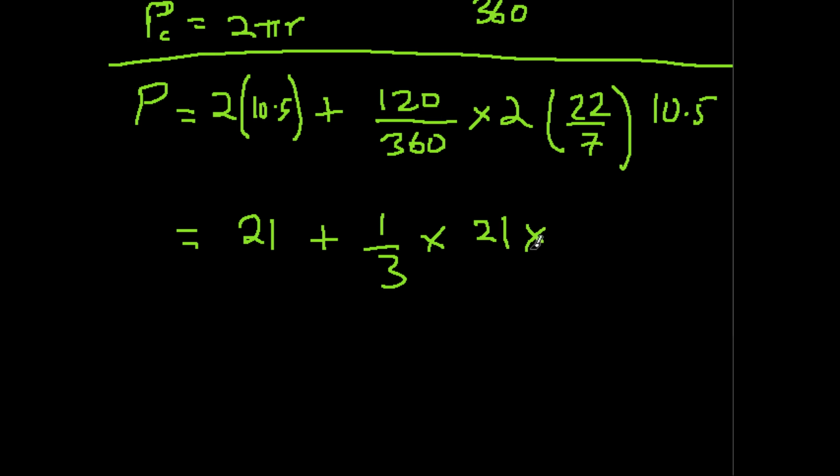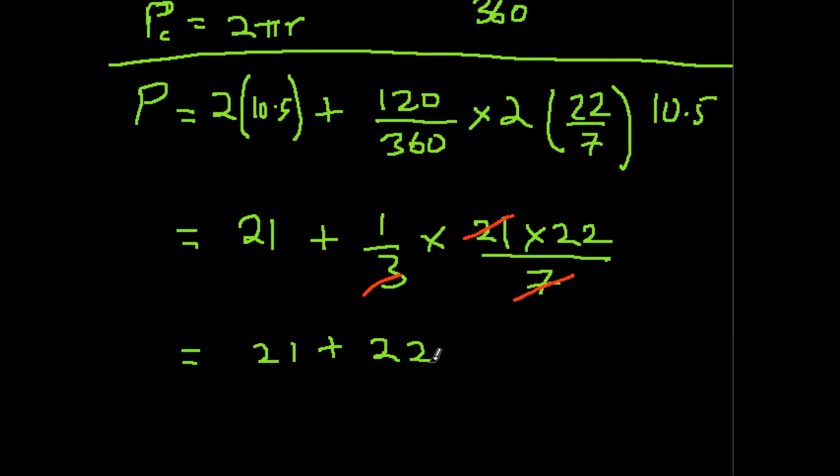Multiply by 22 divided by 7. And so by doing it this way, it makes it a little bit easier. I know that 21 is equal to 3 times 7, so I can use that to cross these out. And so now I can simplify everything as follows. 21 plus 22 is equal to 43. Of course, you could have used a calculator to get to this point.